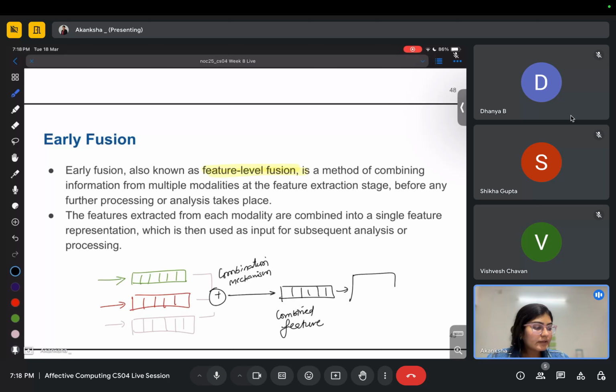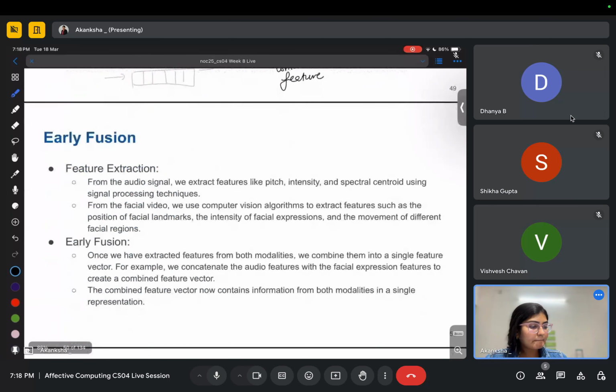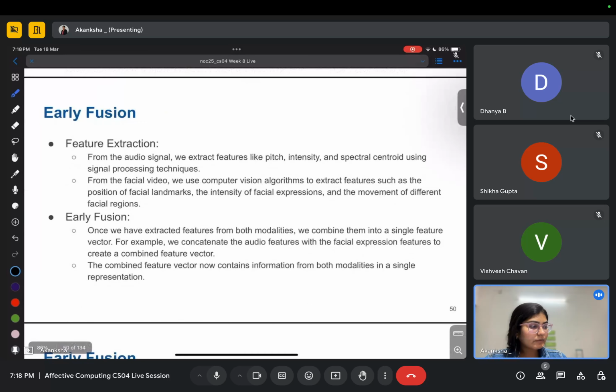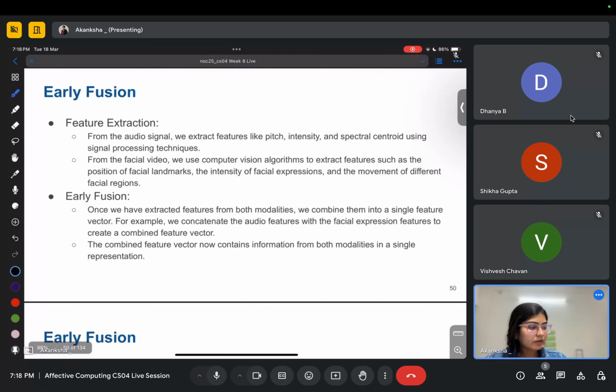Then you feed this to a single model, which will give you the final decision. However, early fusion we have already discussed, so I won't repeat it.